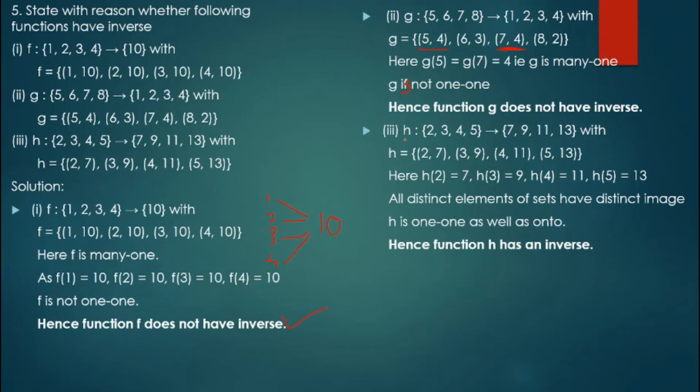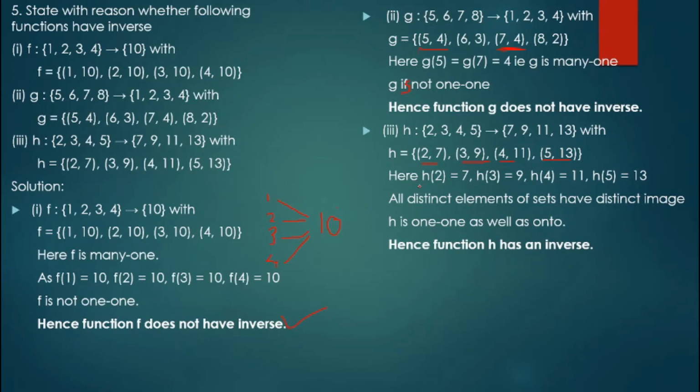Third sub-question, h such that {2, 3, 4, 5} to {7, 9, 11, 13} with h(2) = 7, h(3) = 9, h(4) = 11. See, all are having a unique image, unique pair, right? Nowhere is there any repetition.